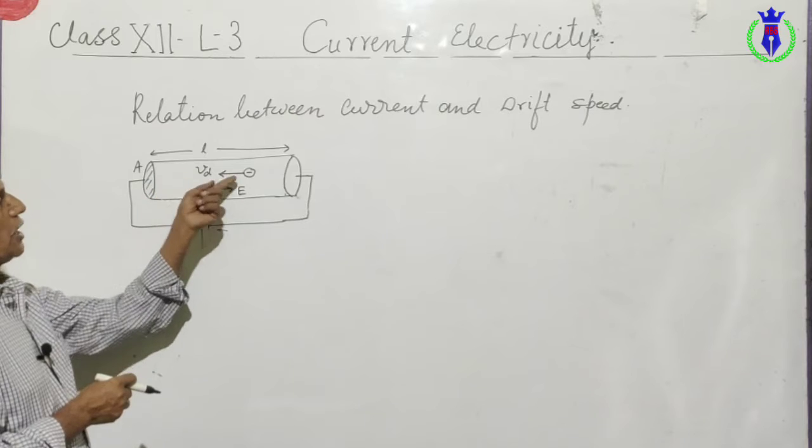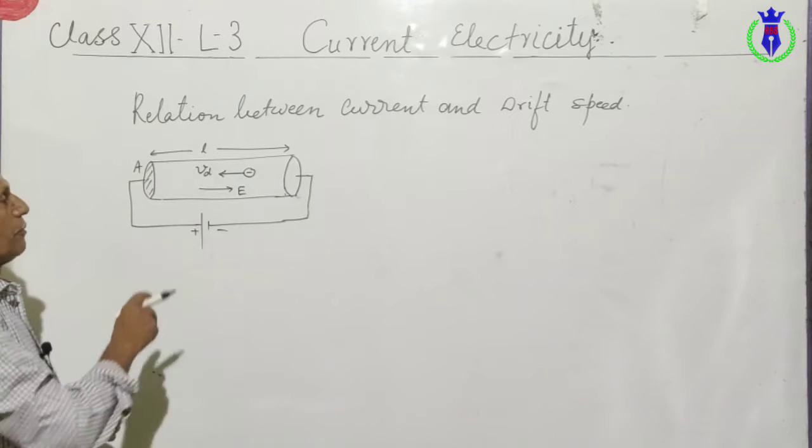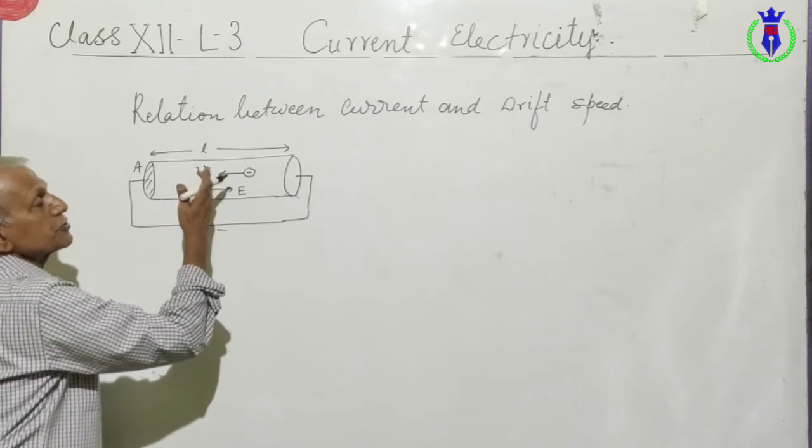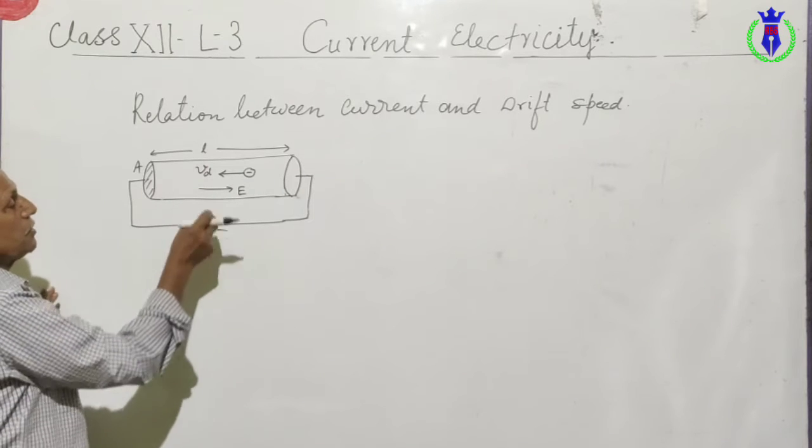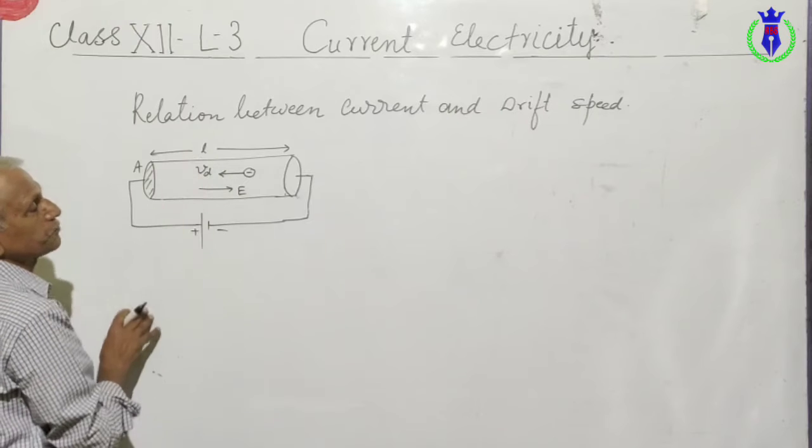This average velocity is called drift velocity. It is the velocity with which the electrons drift towards the positive end under the influence of the electric field E.